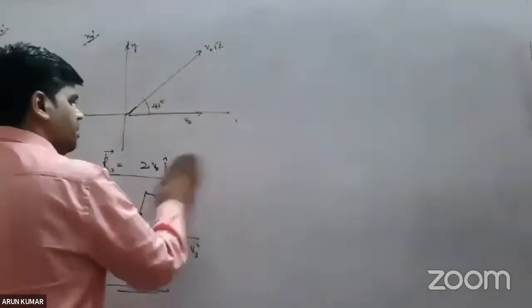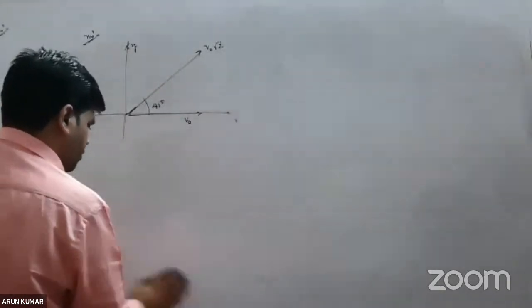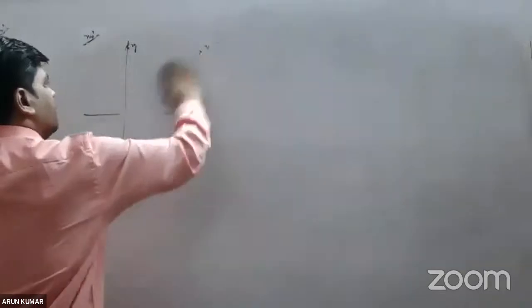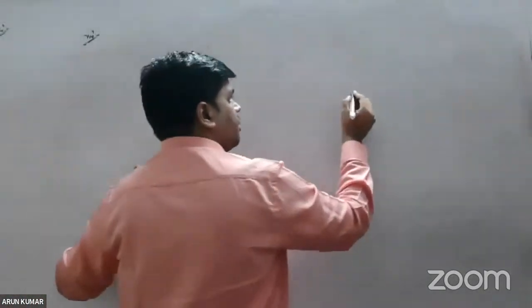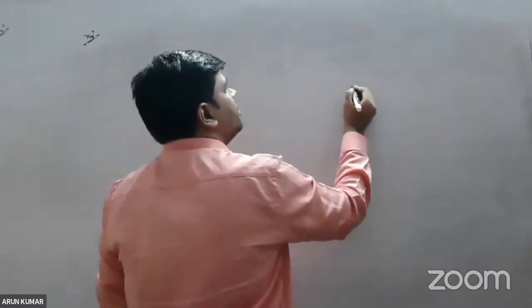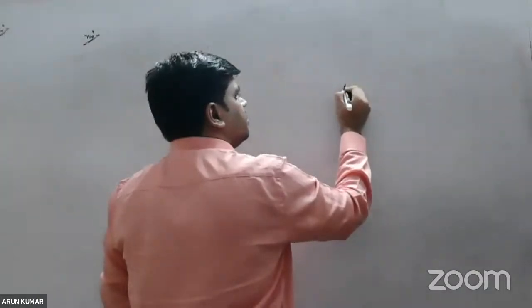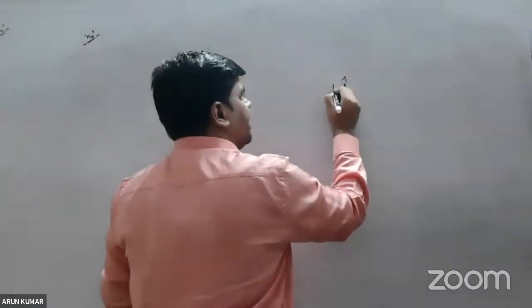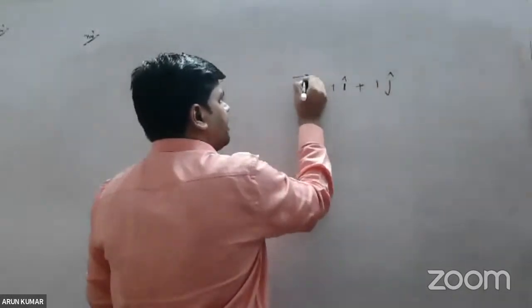Okay. Now, let's see how we find a unit vector given a vector. I'm given a vector 1 I cap plus 1 j cap. This is my vector V bar.